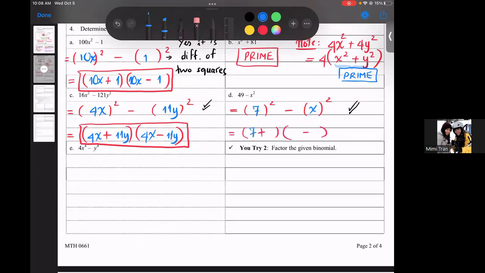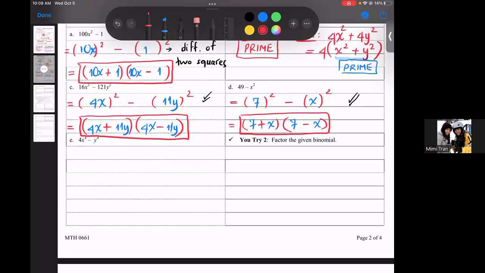So 7 plus x, 7 minus x. Is it okay if I write 7 minus x first and then times 7 plus x? Yes, it's okay. Don't bother to change. I know sometimes you really want to change it to x plus 7 and then change back to x minus 7. Now, 7 minus x is not the same as x minus 7. 4 minus 3 is not the same as 3 minus 4.